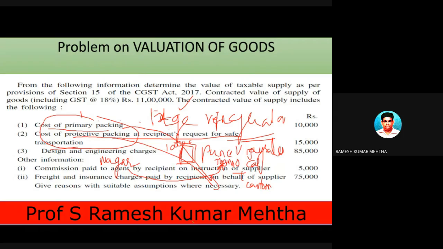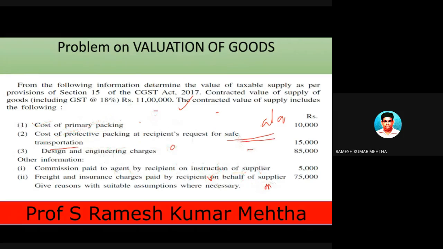So these packing expenses, primary packing and protective packing, are done to see that these goods safely reach the customer at Nagar. This should be included in the cost, 10,000 rupees and 50,000 rupees respectively. So these two costs should be included.